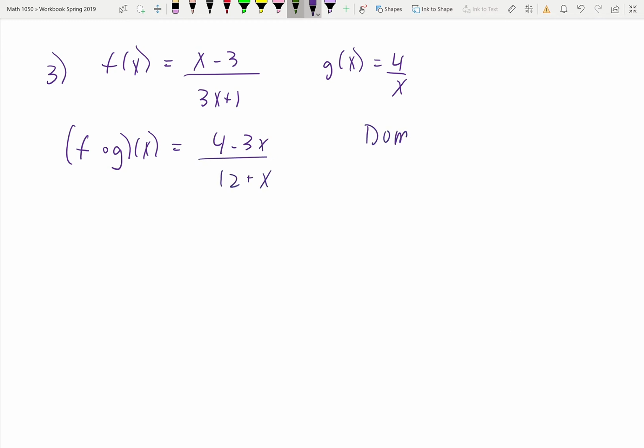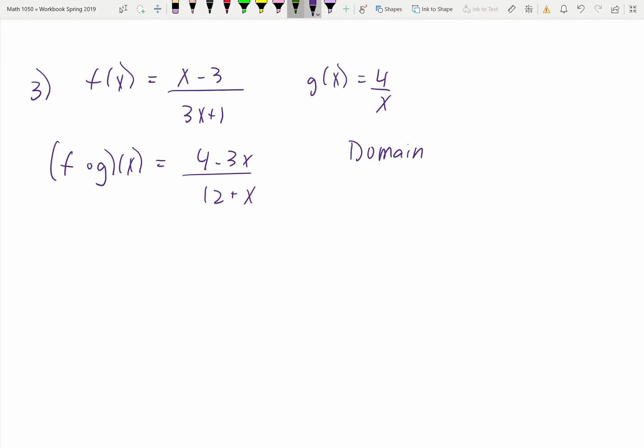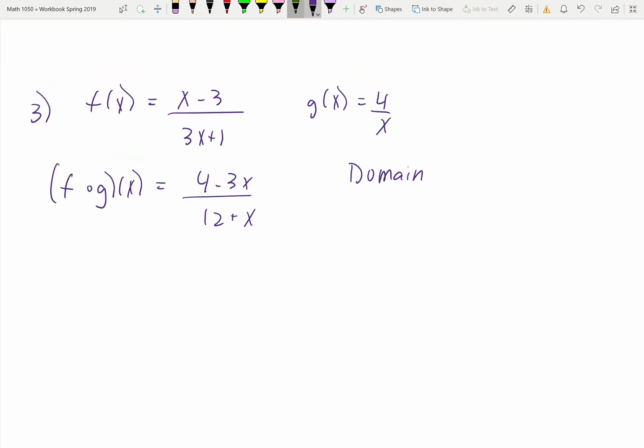Find the domain. Okay, and they also, I'm sure you guys remember this, say here's your f of x. The domain of f of x is x such that x cannot be equal to negative 1/3. And then they do this, and they say the domain is x such that x cannot be equal to 0.